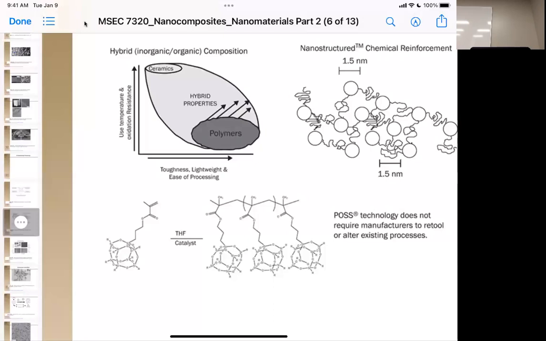Having the spherical things holding those makes it easier to have that process. The other thing it does is it bulks it up without changing the viscosity significantly. Okay, when we were looking at montmorillonite, the plates, that changes your viscosity significantly. The fibers, depending on the aspect ratio, can change your viscosity. This does a little bit less of a job of changing viscosity because the actual part is part of the matrix, part of the polymer you're actually using.